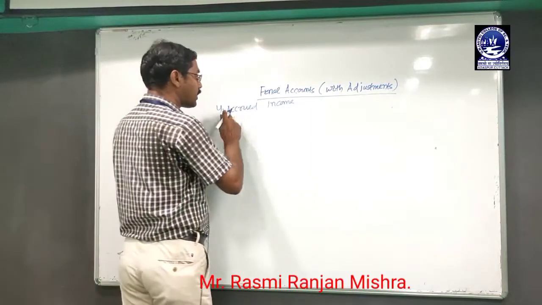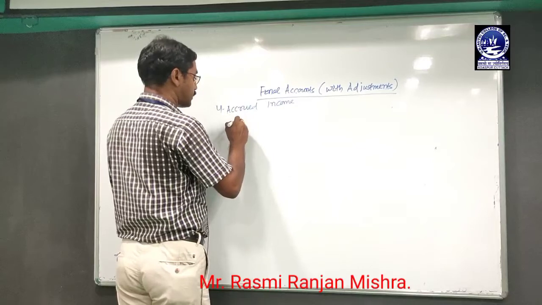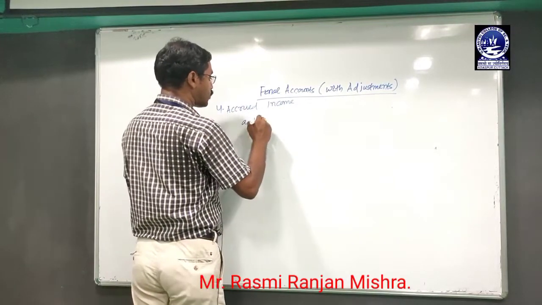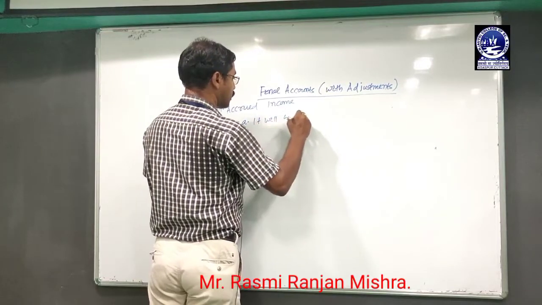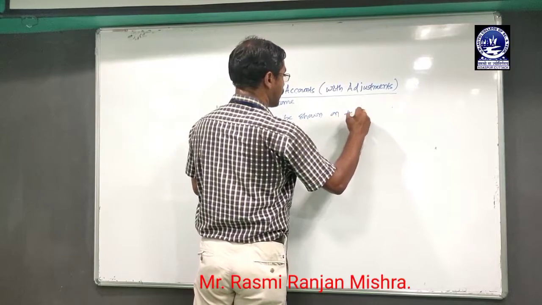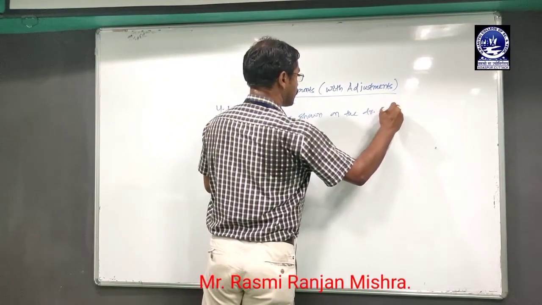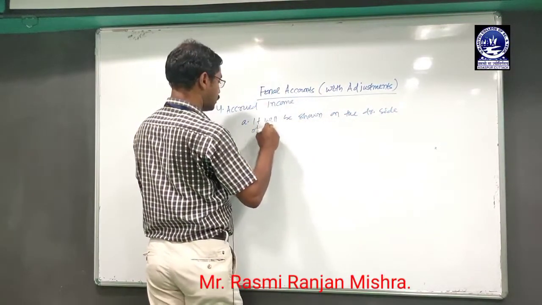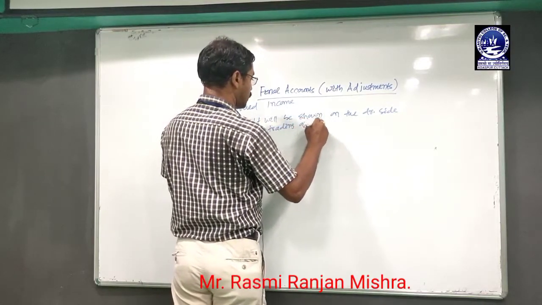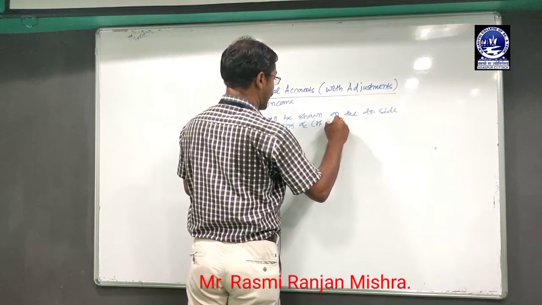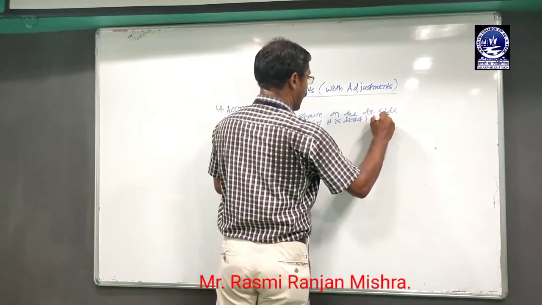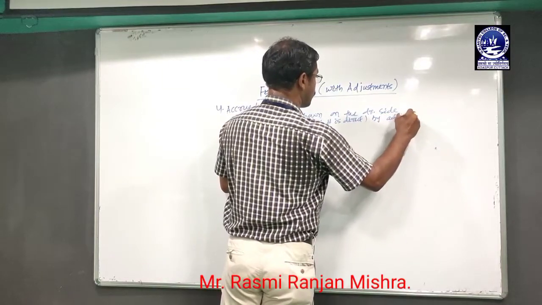So accrued income means income earned but not received. The treatment: the first treatment, it will be shown on the debit side of the trading account if it is direct income, and by adding to the particular income.